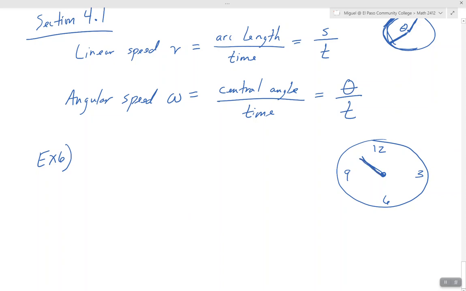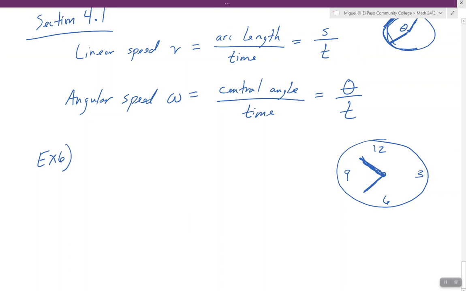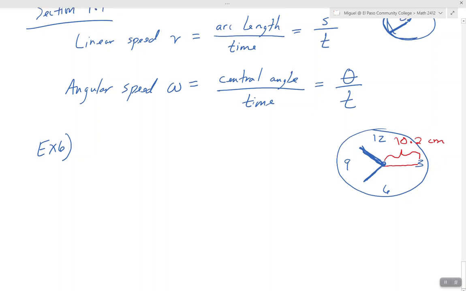So these are the main hands, and then there's a little second hand in here. This is 10.2 centimeters.